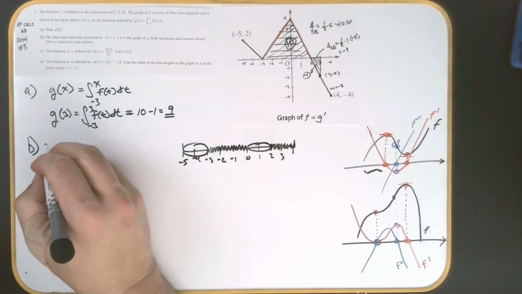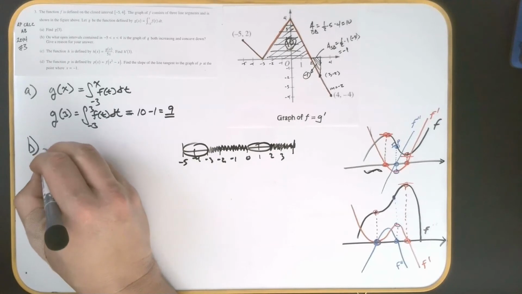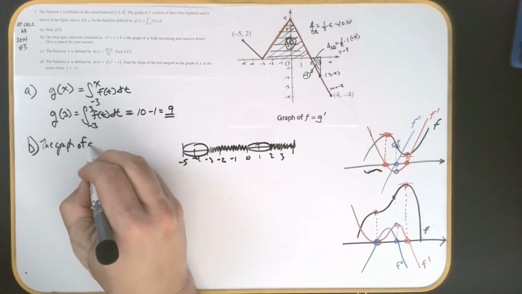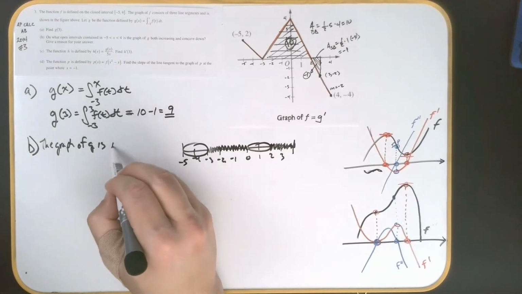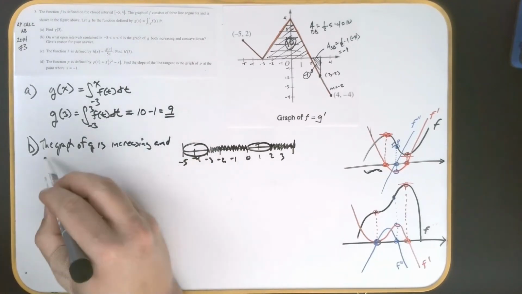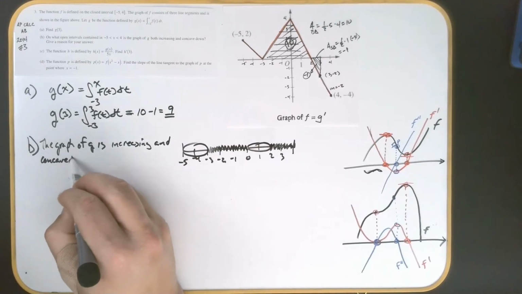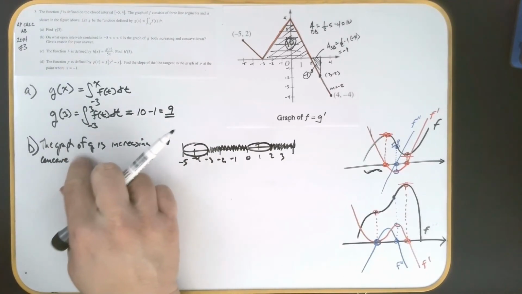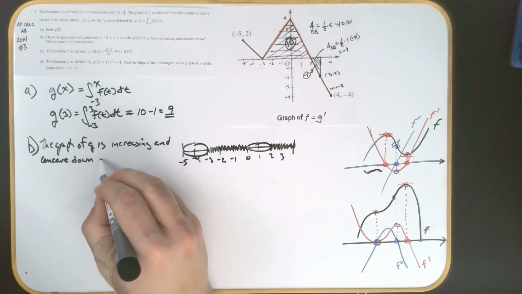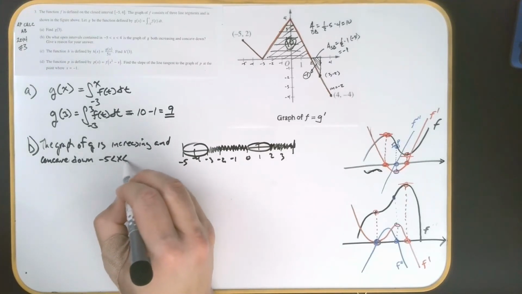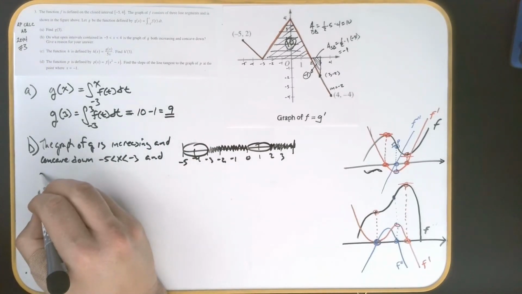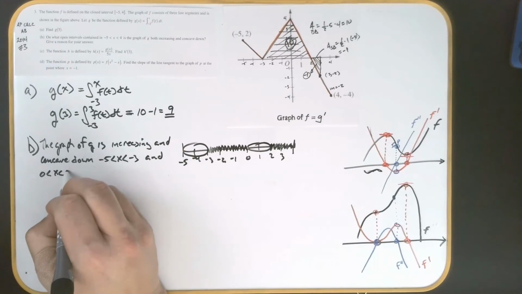So I'm going to say the graph of g is increasing and concave down for -5 less than x less than -3, and what's our other one? 0 less than x less than 2.